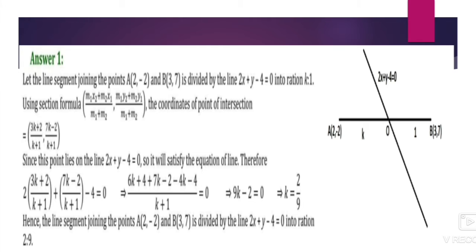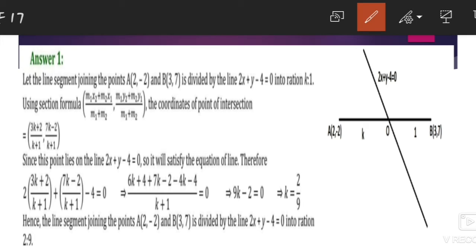So let the line segment joining the points A and B be divided by the line 2x plus y minus 4 equal to 0 in the ratio k is to 1. Using the section formula, the coordinate of the point of intersection, that is the coordinate of O point, will be (3k plus 2)/(k plus 1), (7k minus 2)/(k plus 1). How does it become this?